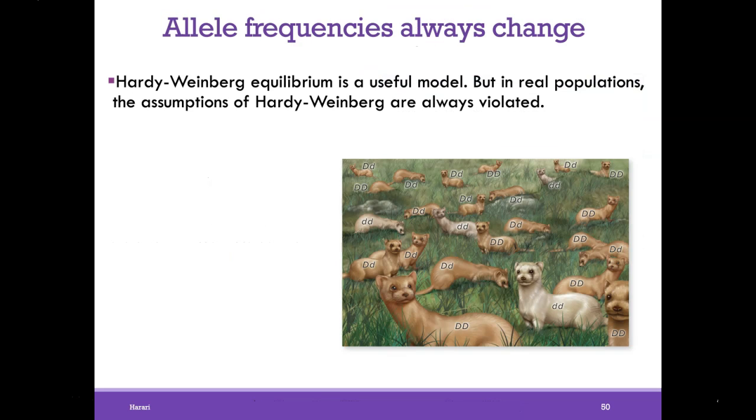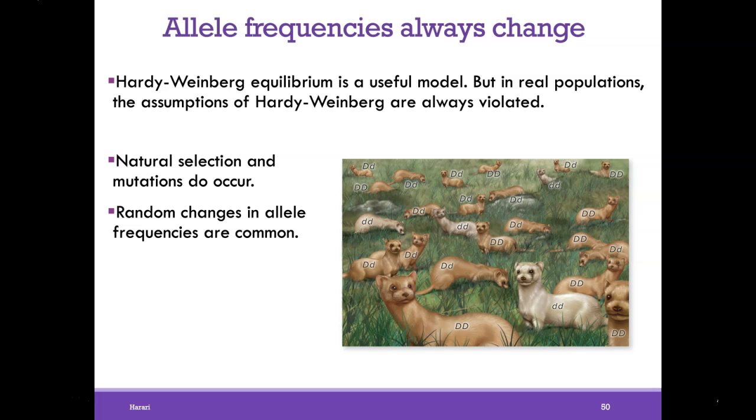So remember that in reality, allele frequencies always do change, right? A population at Hardy-Weinberg equilibrium does not evolve, but a real population would always violate the assumptions of Hardy-Weinberg equilibrium when any of the following occurs. Natural selection or mutations, those happen all the time. So if natural selection and mutations occur, you can't use these equations.